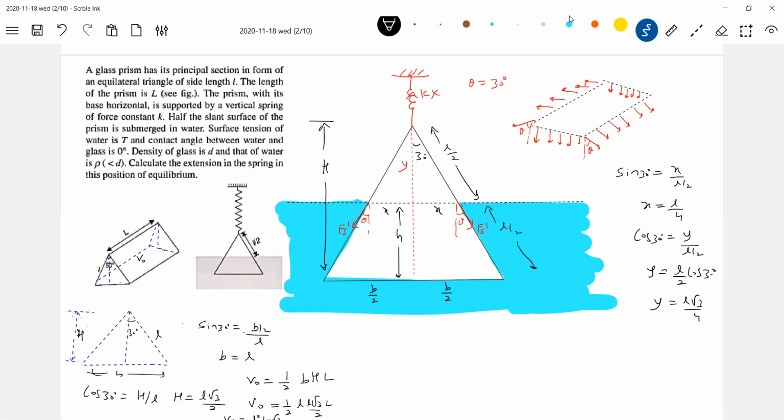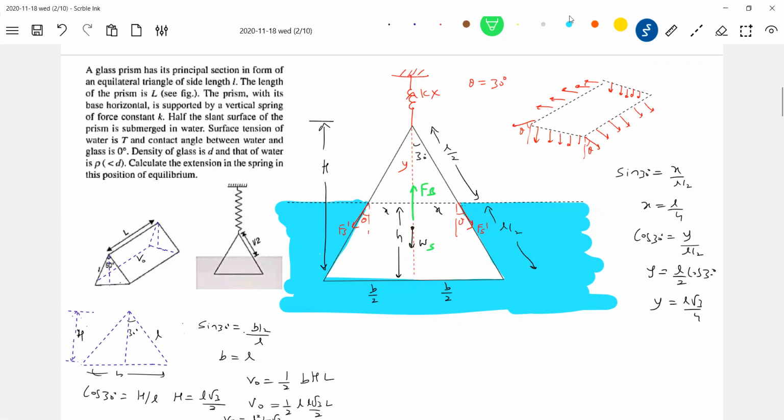Okay, let's get the buoyant force. So what are the things that are acting? The weight of the prism, the buoyant force. I'll show it somewhere here. There's the weight of the solid, weight of the prism, and spring force and the force due to suffocation. We have to equate all these things.